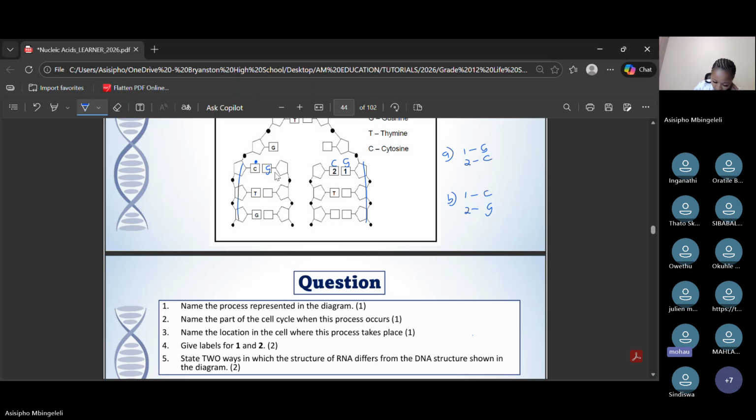So coming to the right hand side, the original strand is the one that has 1, and we saw from the left hand side that the original strand had C. So the first base would be C. So that's what made me change my mind.